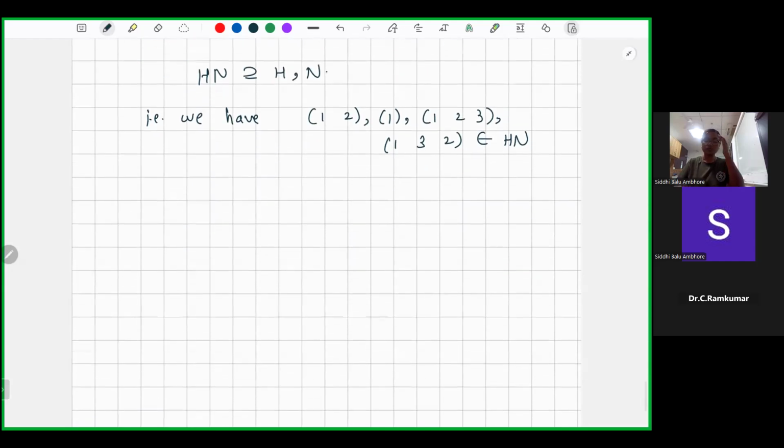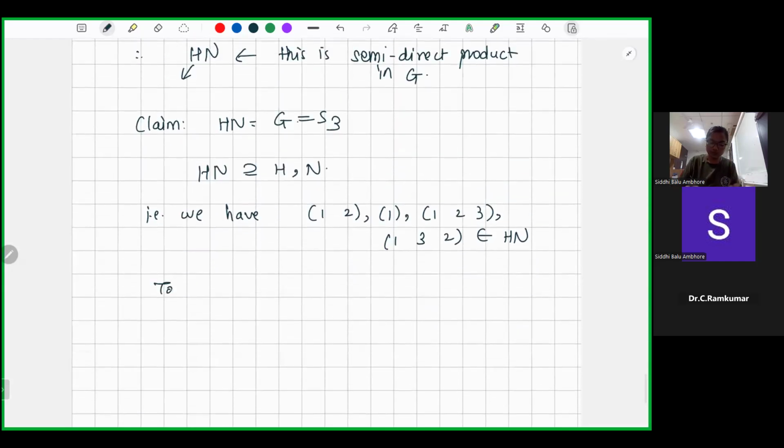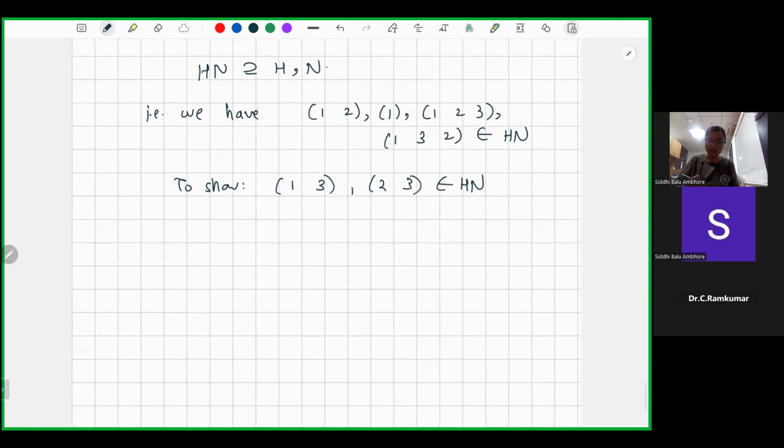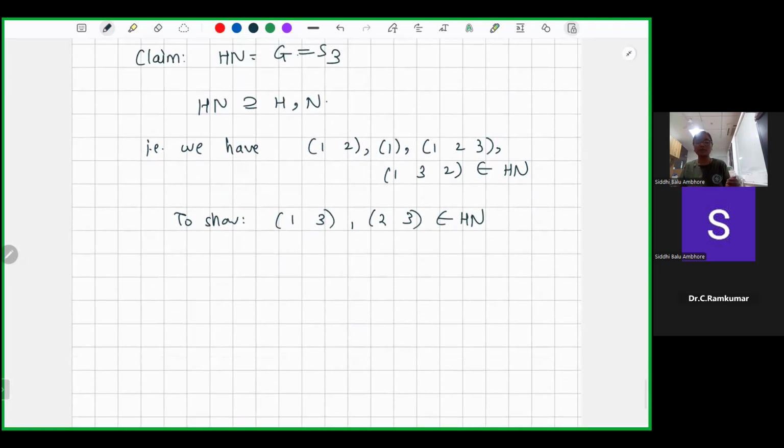Now it remains to show that (1 3) and (2 3) belong to this HN. And how to obtain that? So we need to choose elements from H and N.